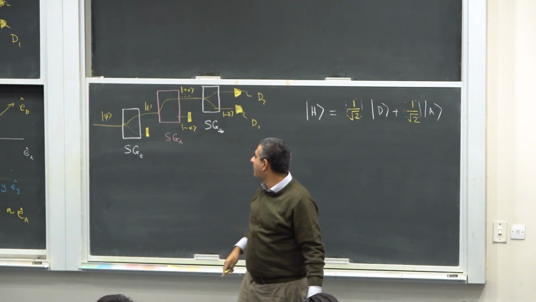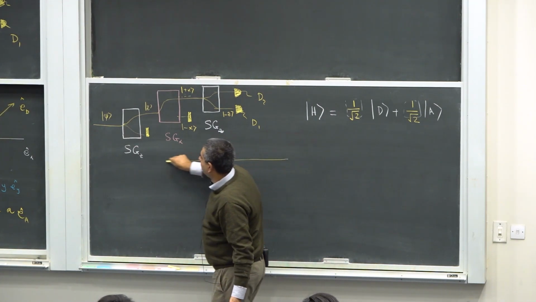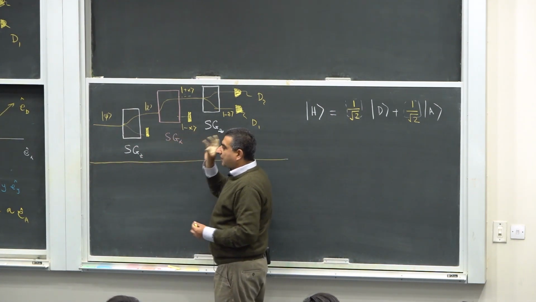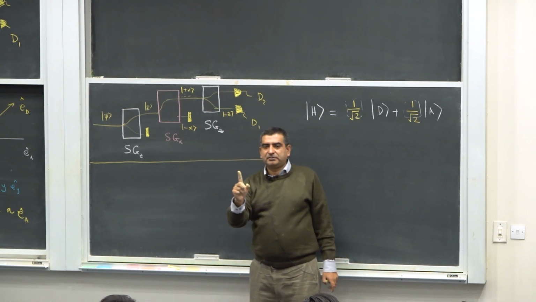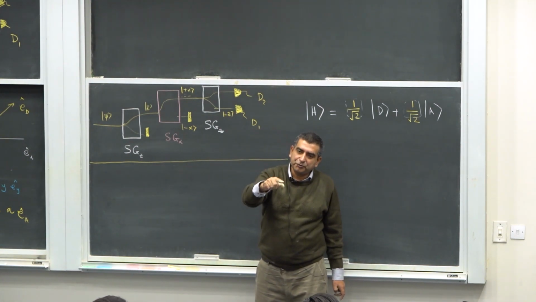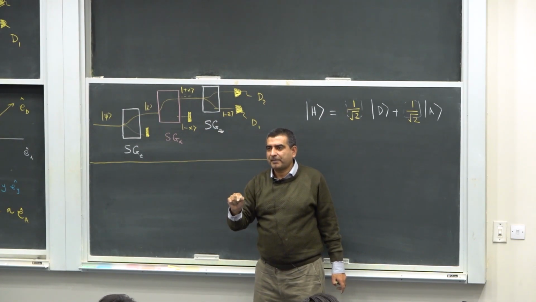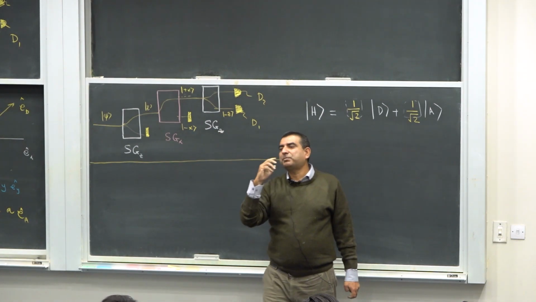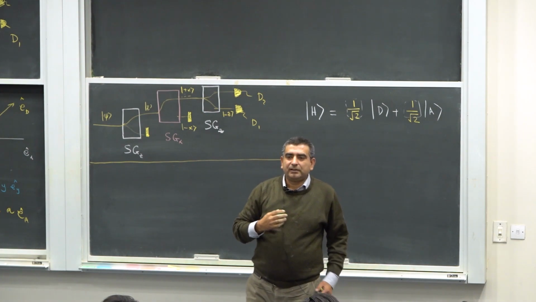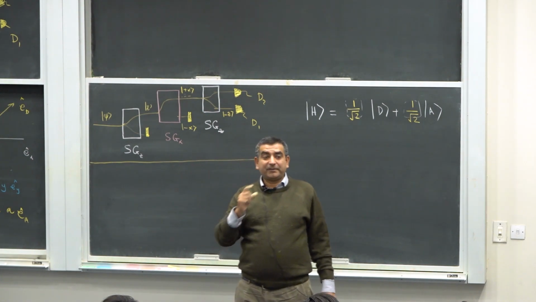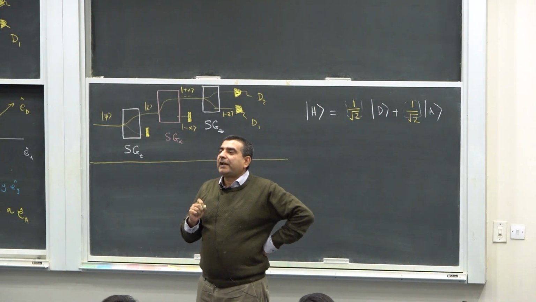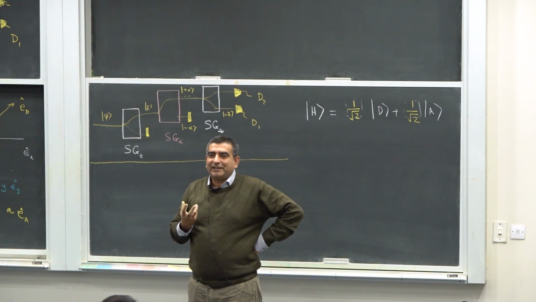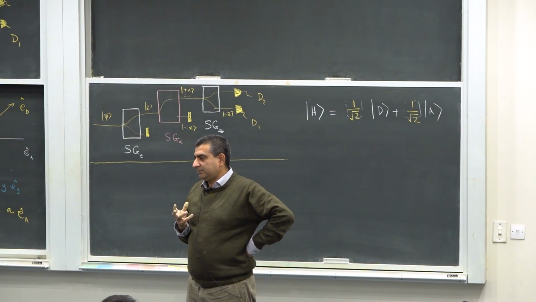Got it? So the main measurement idea is that each measurement creates a new quantum state. Another corollary of this, a very important point, is that objects do not have fixed properties.